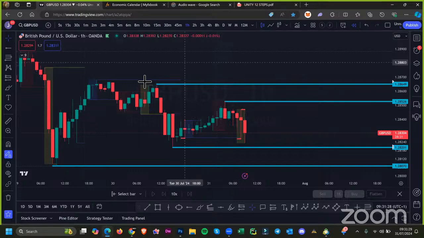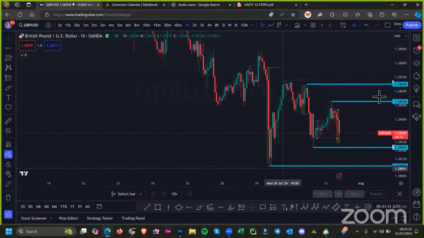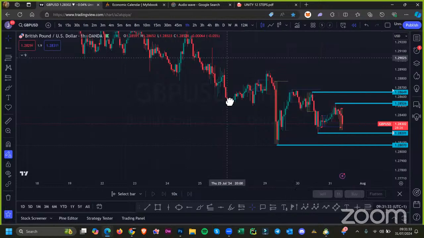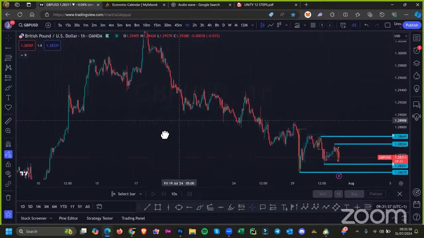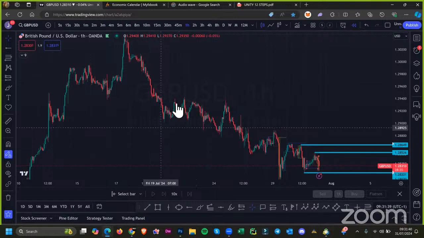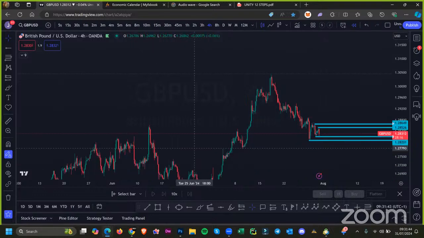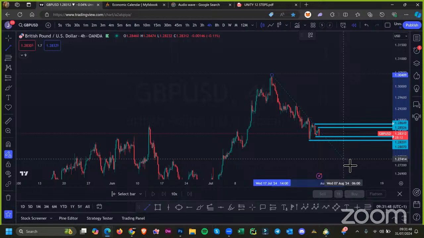Now, if you're somebody who wants to practice this and see how correct it is and what the power of it is, you can back test, and you can go through the steps of understanding which way the market is going. The market doesn't only go and grab liquidity before it moves.